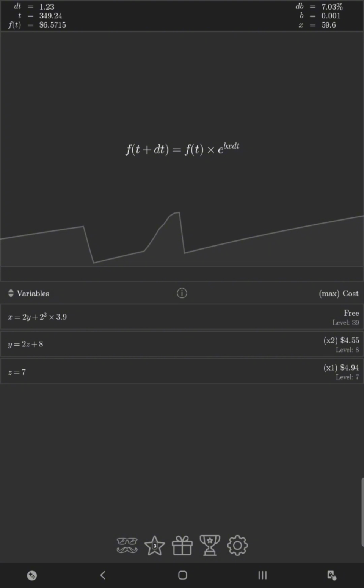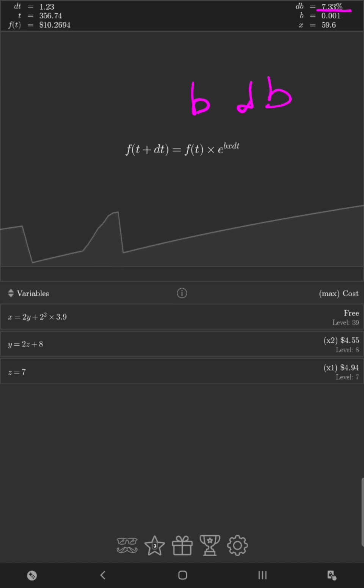So dB is this one here, and B is increased by dB, with this sign here, which means that it times dB.